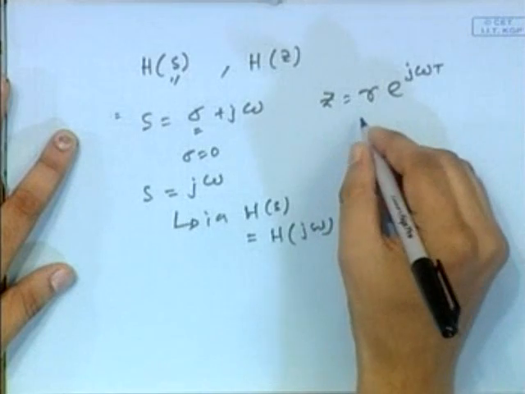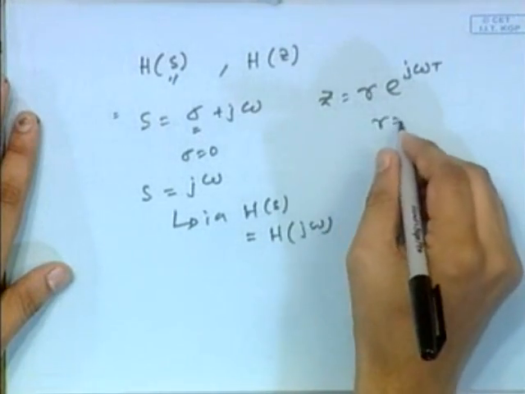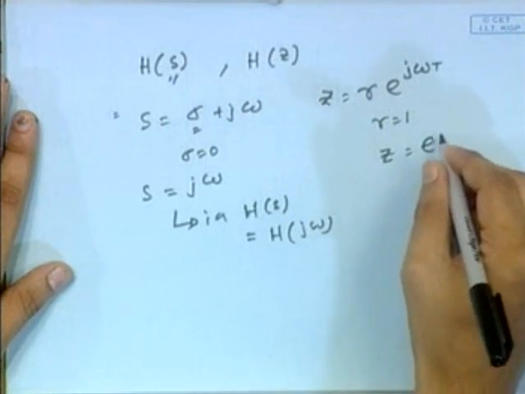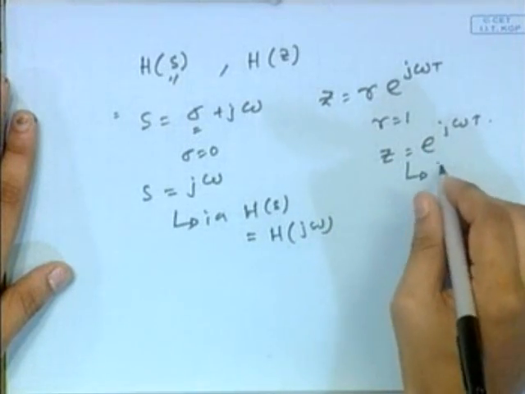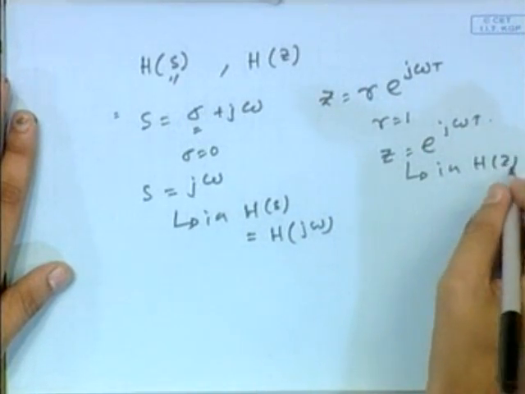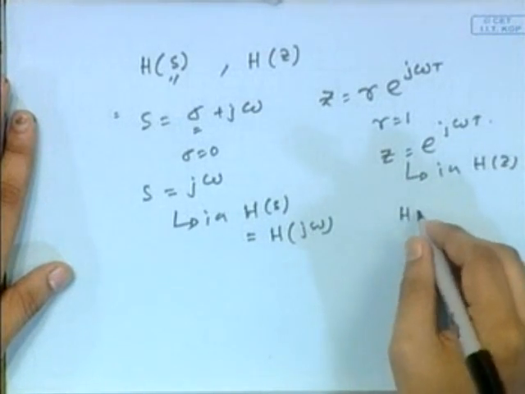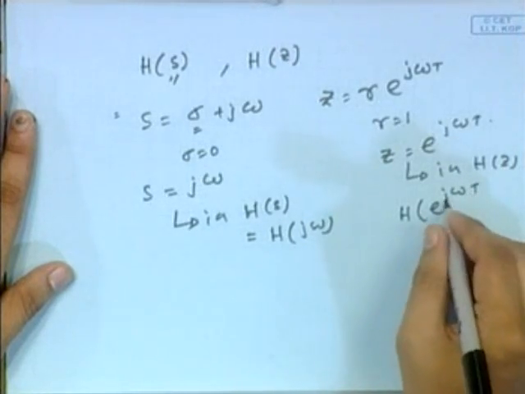And to get the frequency response for discrete-time signals, we make R equal to 1. So Z is equal to e to the power j omega T, and we put this into H(z), giving e to the power j omega T.